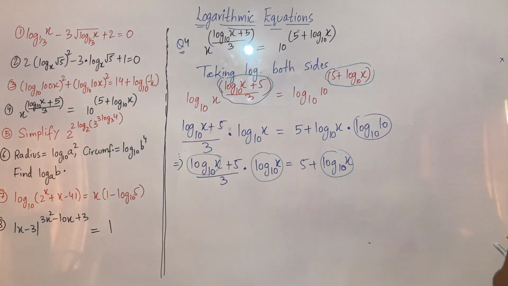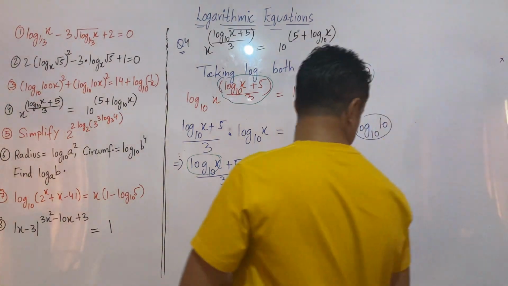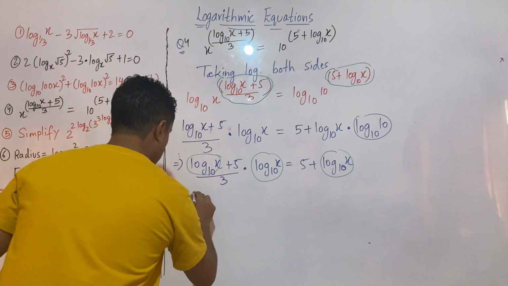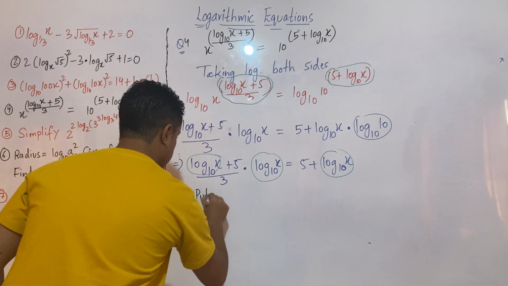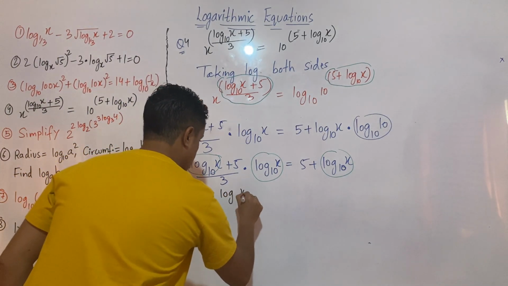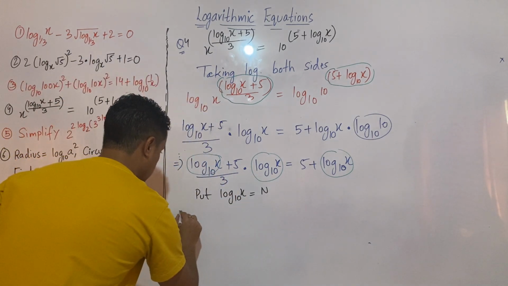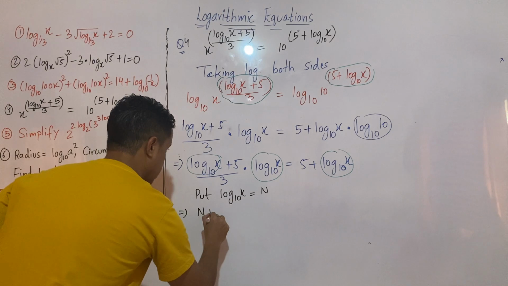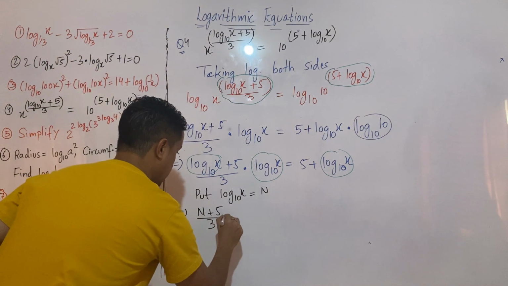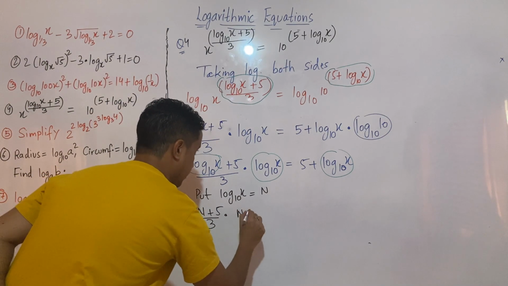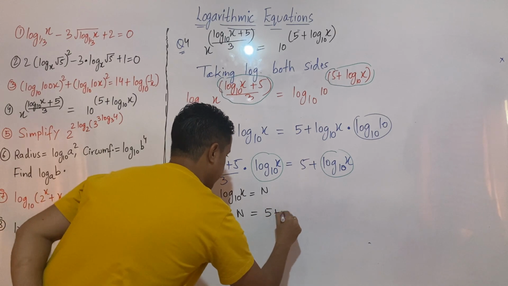So we can assume this thing to be something. So put log x to the base 10 equal to n, which implies n plus 5 by 3 multiplied by n equals 5 plus n.